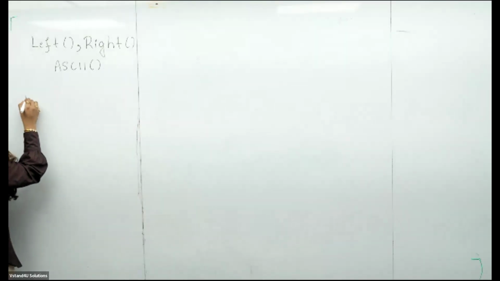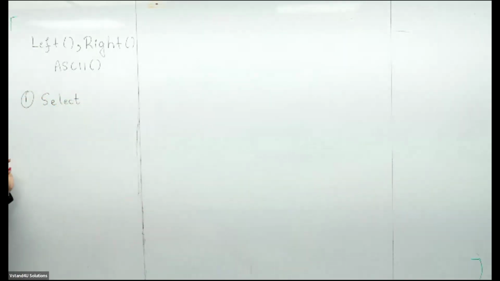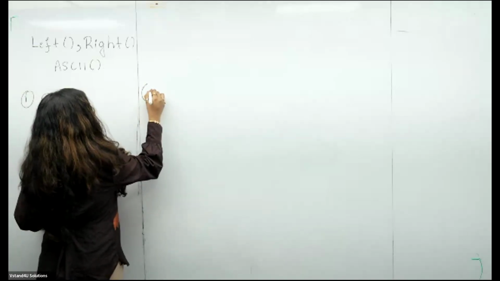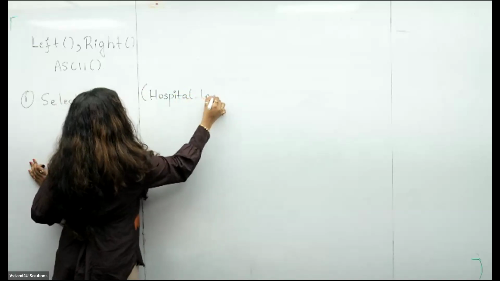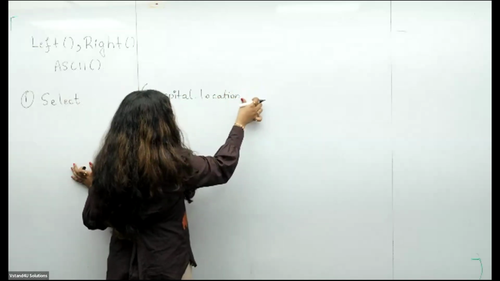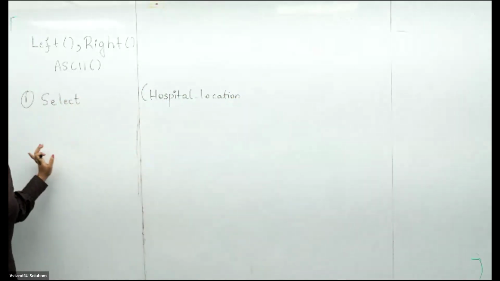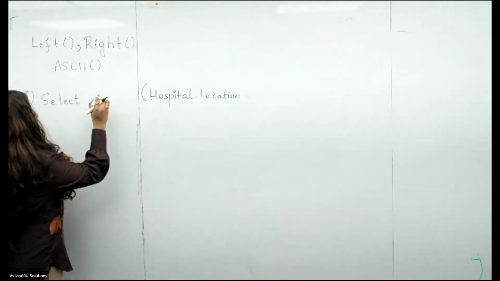So, the first query says you have to select. Select what? Hospital location. So, let me write select hospital location. Now, they are telling you to select the hospital location, and in that, from the left side, you are supposed to extract, yes or no?